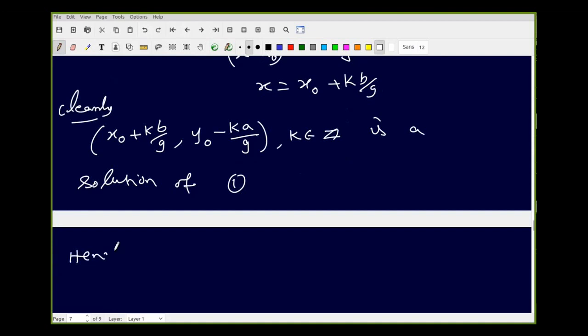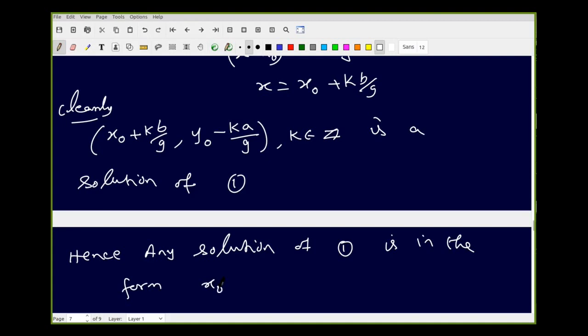Hence any integer solution of 1 is in the form x = x₀ + k b/g, y = y₀ − k a/g.